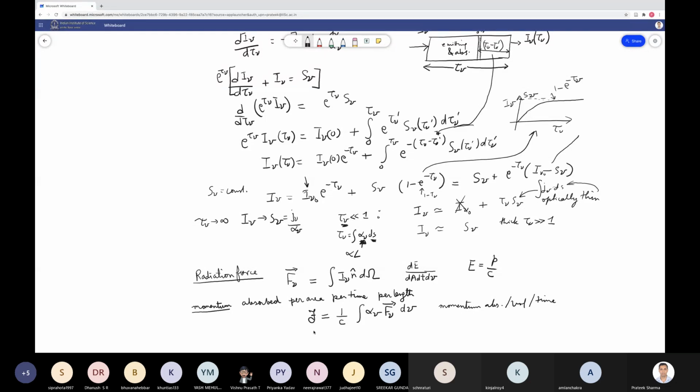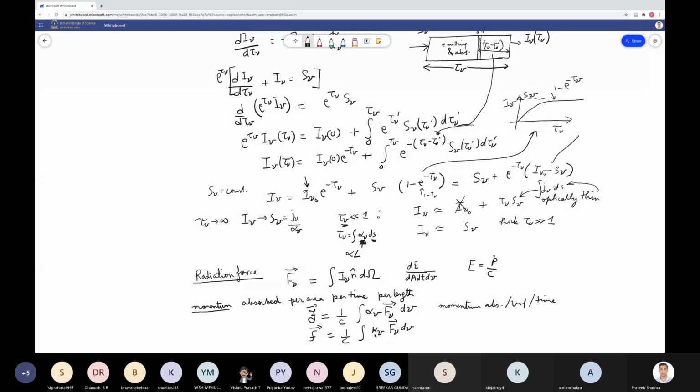Okay, and this is a vector, of course. We can also talk about force per unit mass. All you have to do is multiply this by mass per unit volume, right? So this is equal to 1 by c integral kappa nu F nu d nu, right?